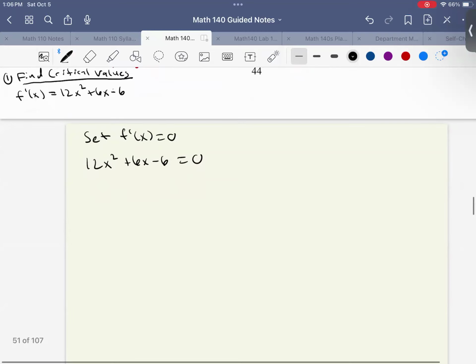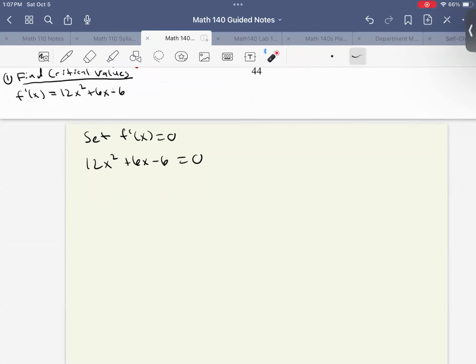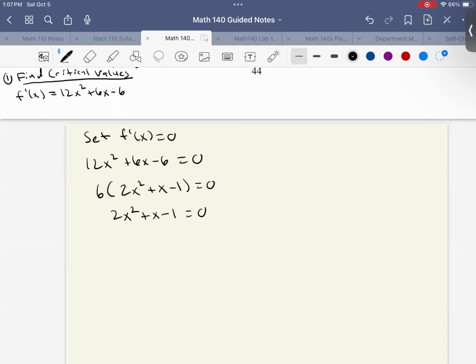And we're just going to factor this and solve for x. Luckily they have a common term, so I could take out a 6 from each of these. I'll take out a 6, and I'll end up with 2x squared plus x minus 1 equals 0. And then you can divide 6 to both sides and get rid of that. So 2x squared plus x minus 1 equals 0.